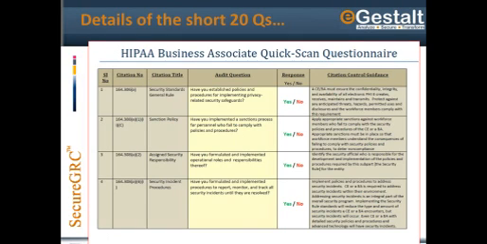Now, each vendor, each business associate gets a list of 20 questions that they need to respond to. And these 20 questions are along the lines of the 7 questions that I described earlier. They're focused around security and privacy and training related issues.